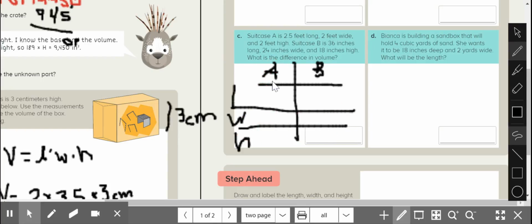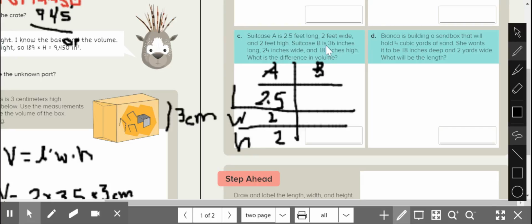So the length of A is 2.5, and we're going to make them all in feet. Okay, 2 feet wide and 2 feet high. So 12 inches in 1 foot.